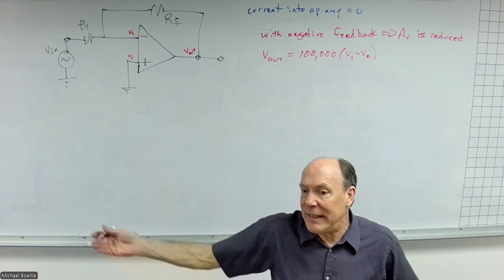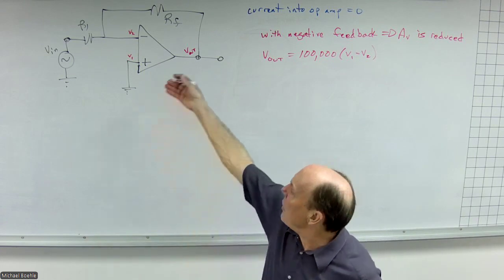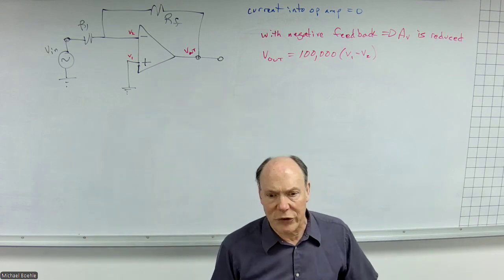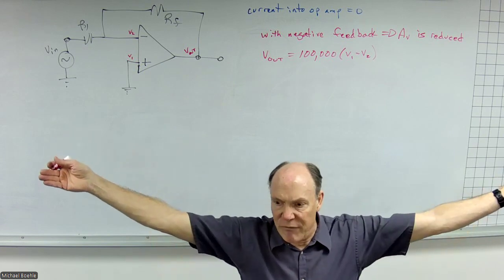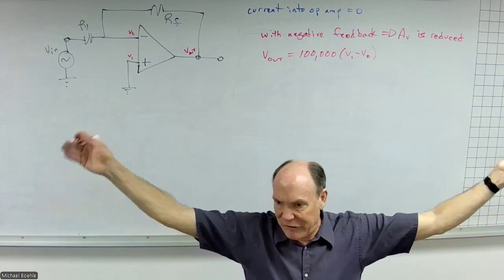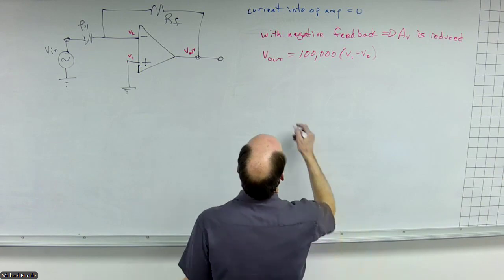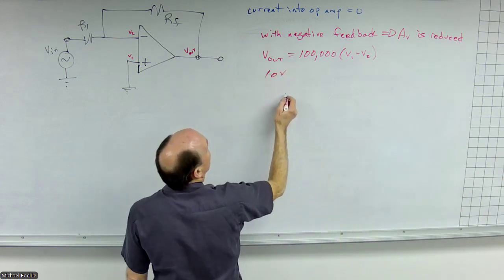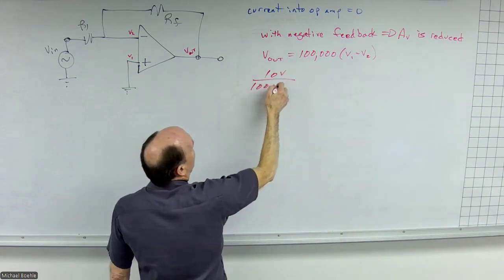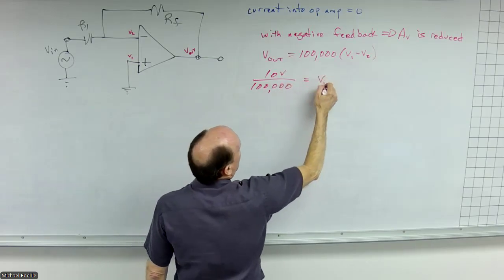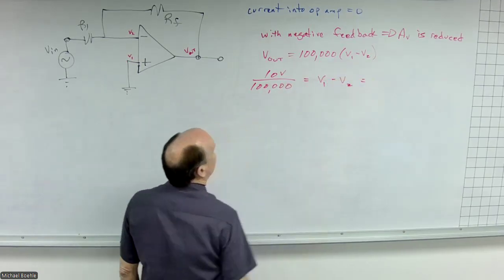So let's just say that that output is 10 volts, right? If I'm powering this op amp with plus or minus 12 volts, I can pretty easily get up to 10 volts. And if I'm limiting myself to that 10 volts, divided by 100,000 will be V1 minus V2.